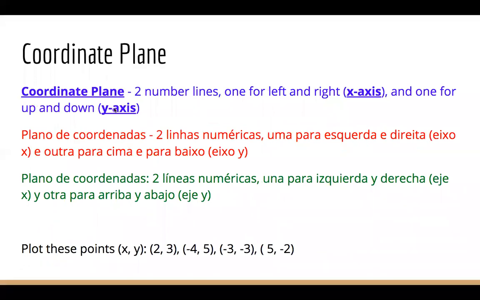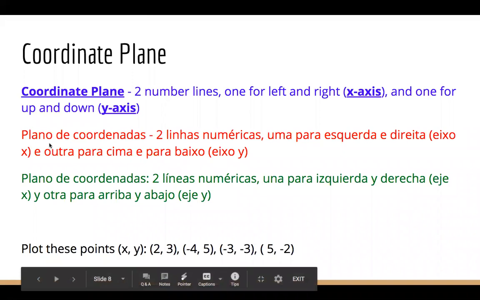Coordinate plane, two number lines. What are the two number lines? The one you see horizontally, like this way, is called the x-axis. The other one vertically is the y-axis. All right. And then every point has a coordinate, x comma y.